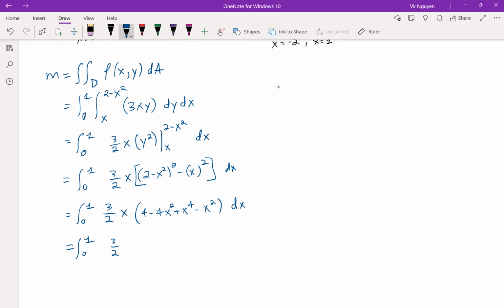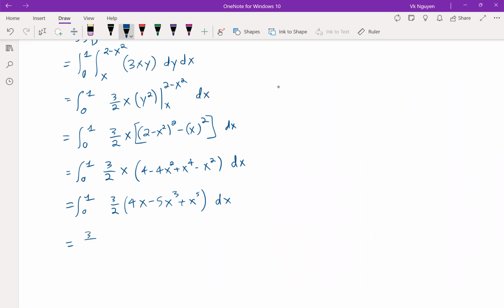What do we have? We have a 4x minus 5x to the 3 plus x to the 5 dx. Okay.